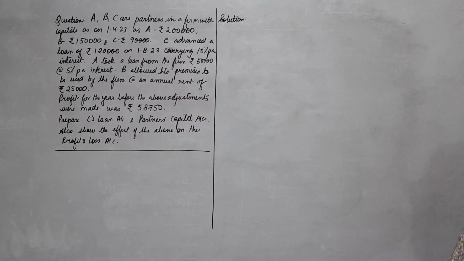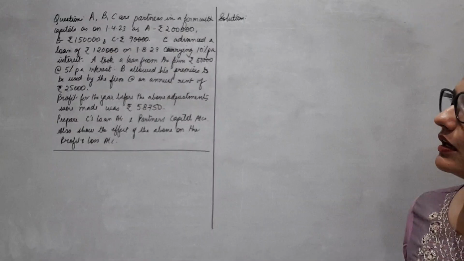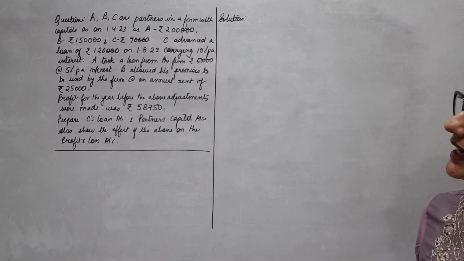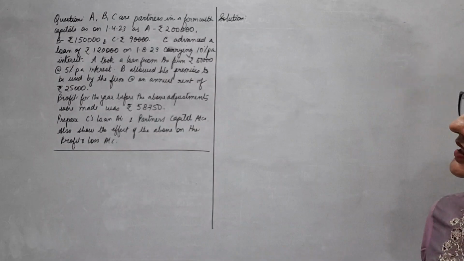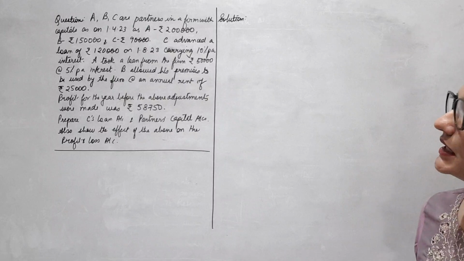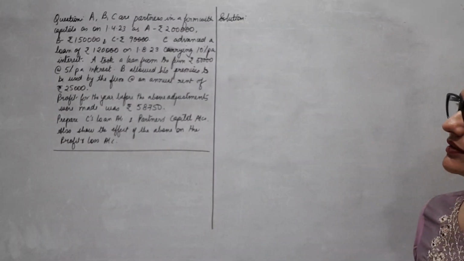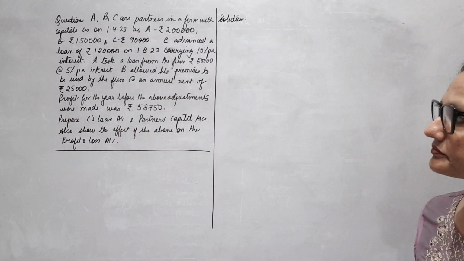Question says, A, B, C are partners in a firm with capitals as on 1st April 23: A 2 lakhs, B 1,50,000 and C 90,000. C advanced a loan of 1,20,000 on 1st August 23, carrying 10% per annum interest.